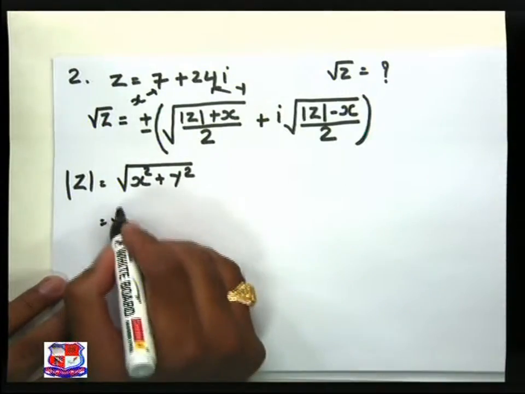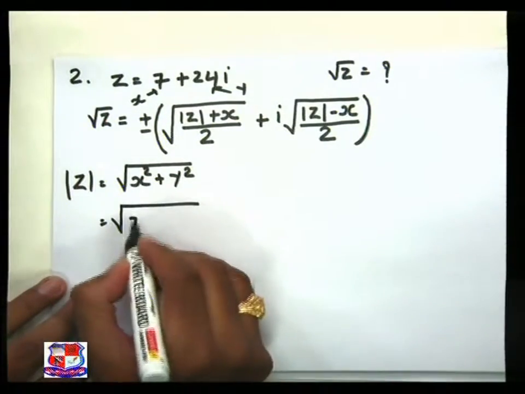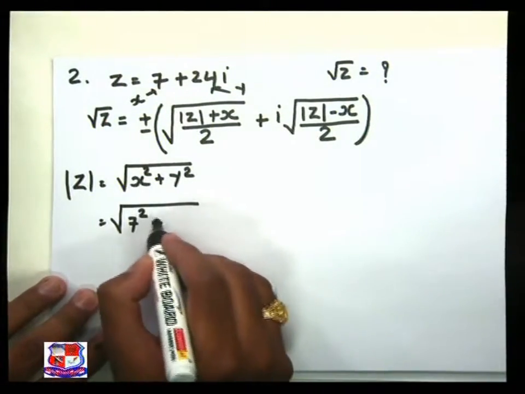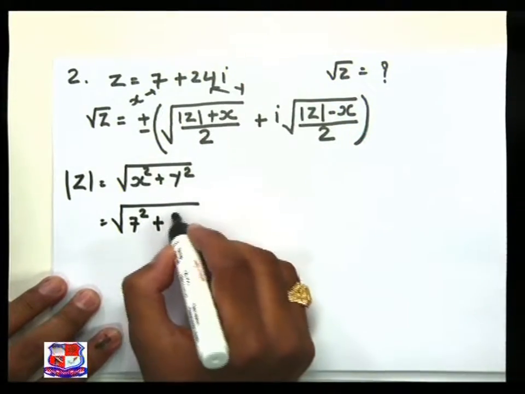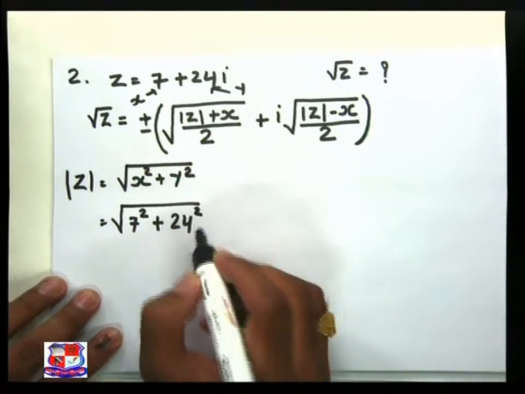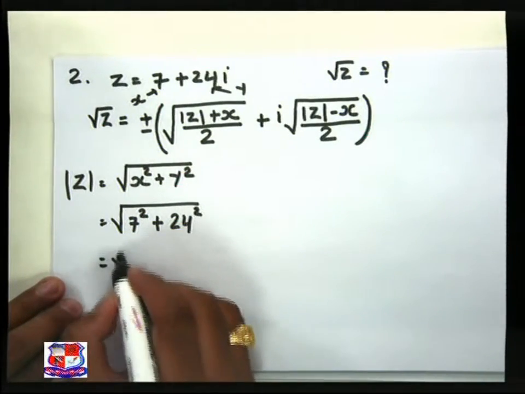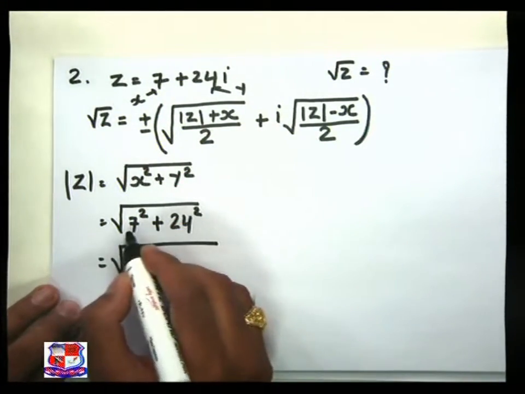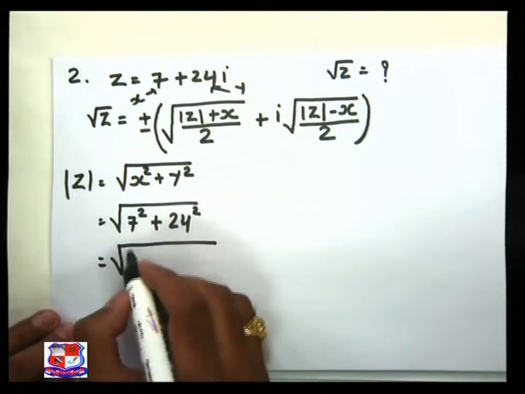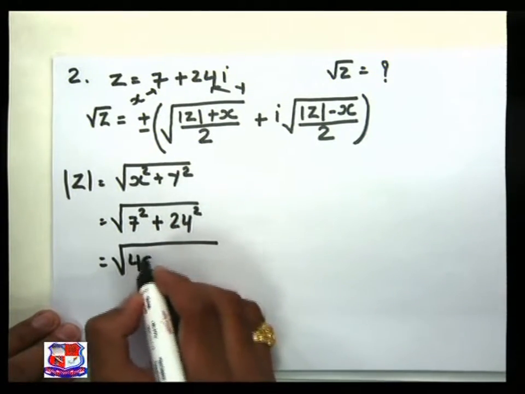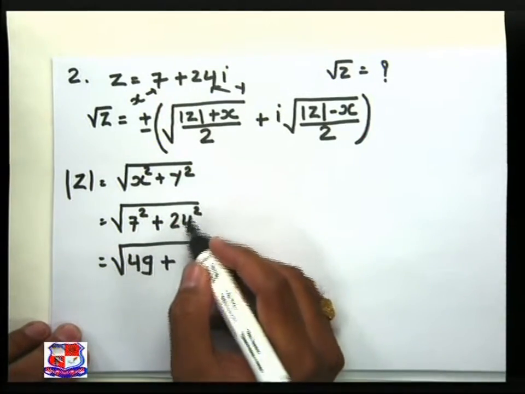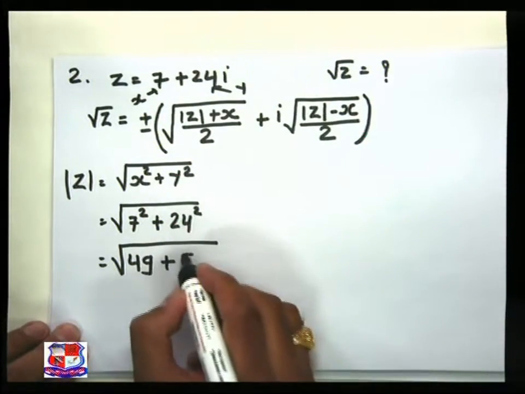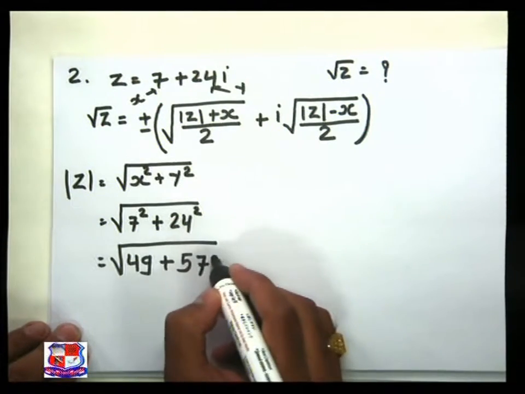So replace here 7 square plus 24 square is equal to: 7 square is 49, plus 24 square, that is 24 into 24, is 576.